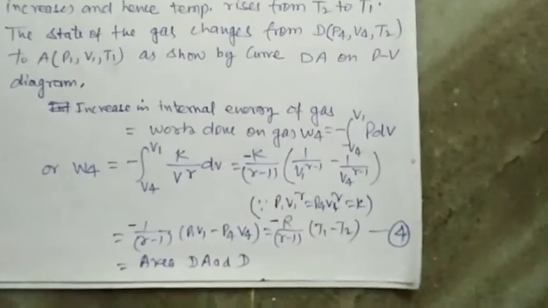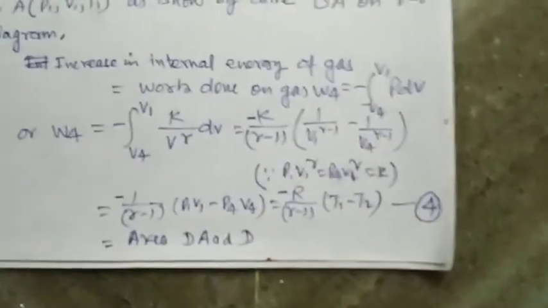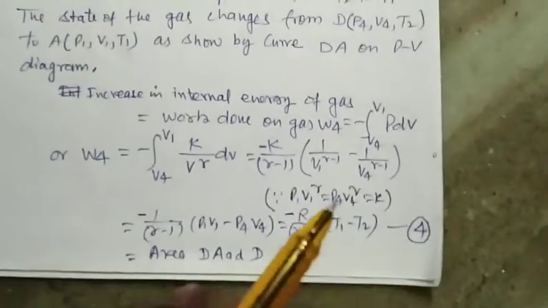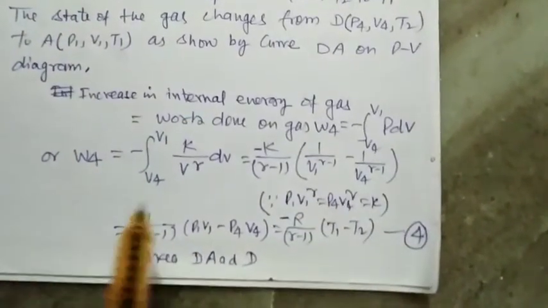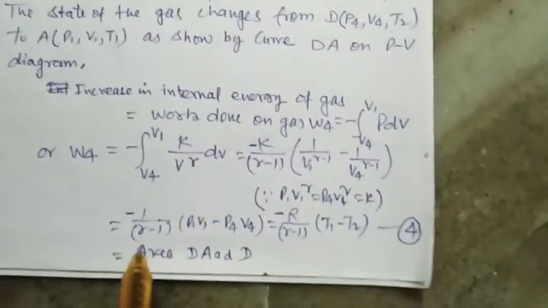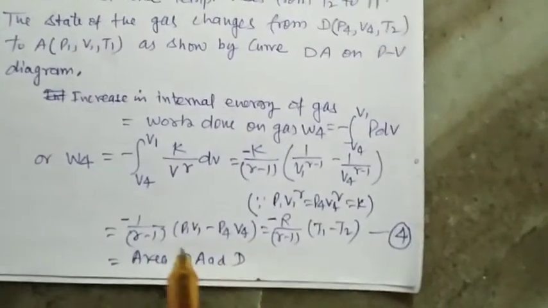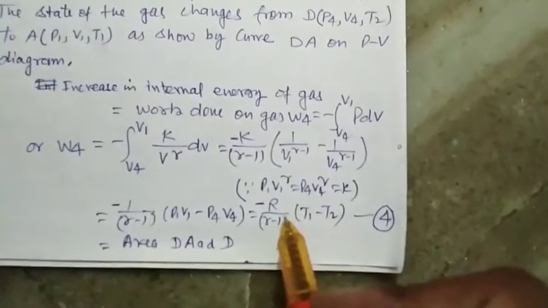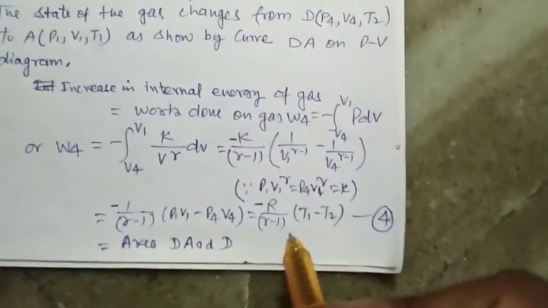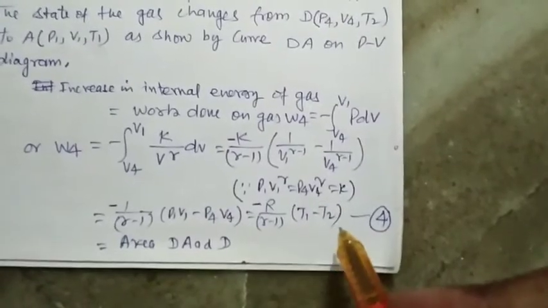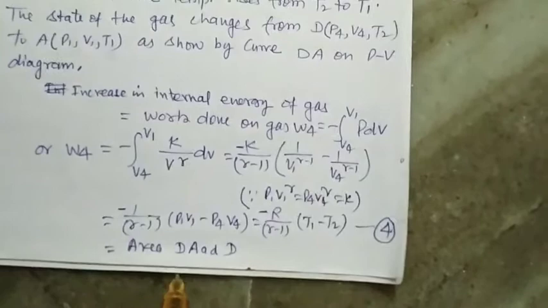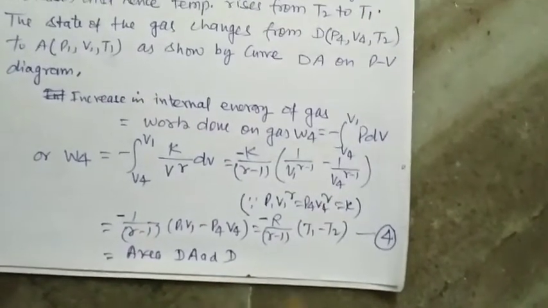Since for adiabatic we know that P1 V1 gamma is equal to P4 V4 gamma is equal to constant K, or work done W4 is equal to minus 1 upon gamma minus 1 (P1 V1 minus P4 V4) is equal to R upon gamma minus 1 into (T1 minus T2). This is again equation number 4. Area, it is equal to area DAA'D'.